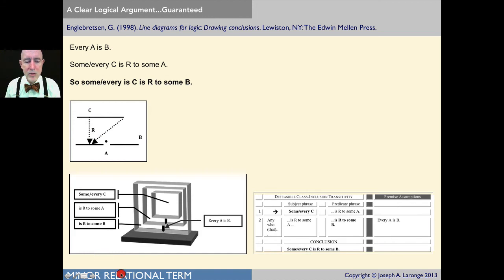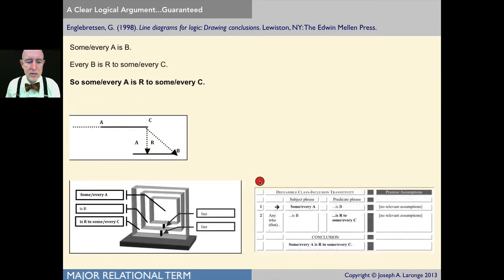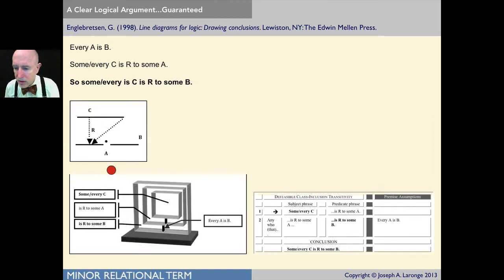Here's a minor relational term used in this one. Still the same pattern of start and finish. Here's a major relational term. Right here still translates into, I want to go back one. Yeah, I just wanted to point it out here.